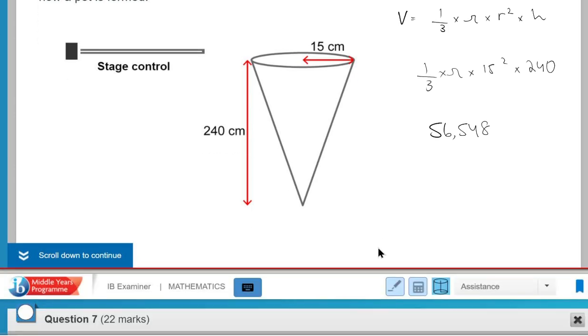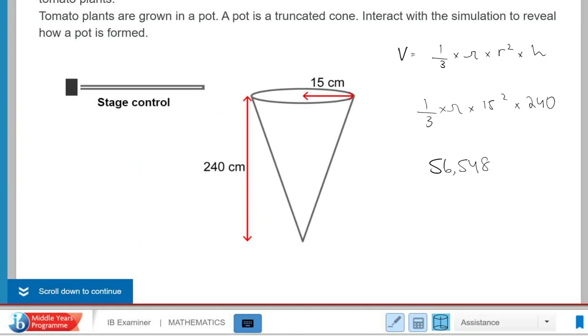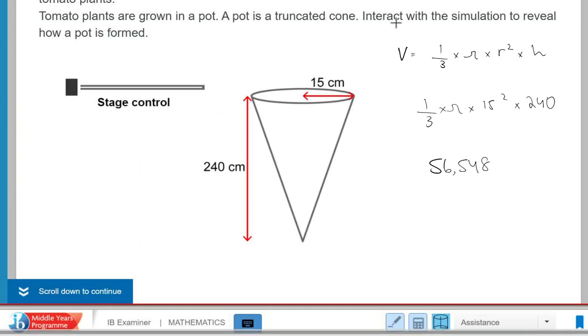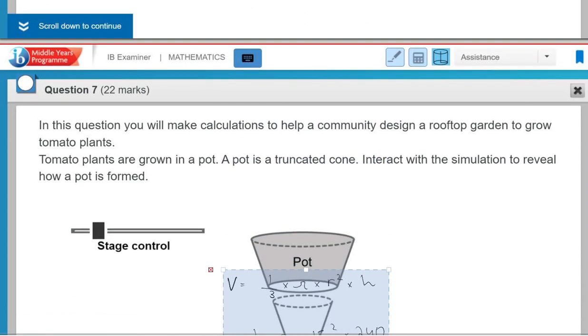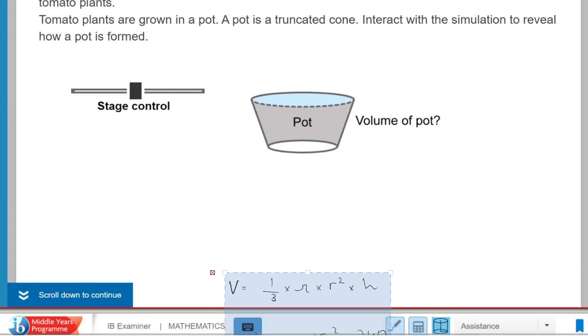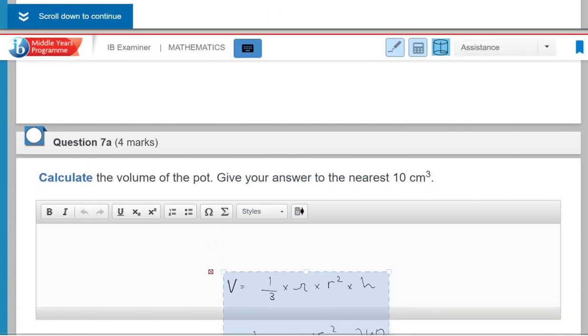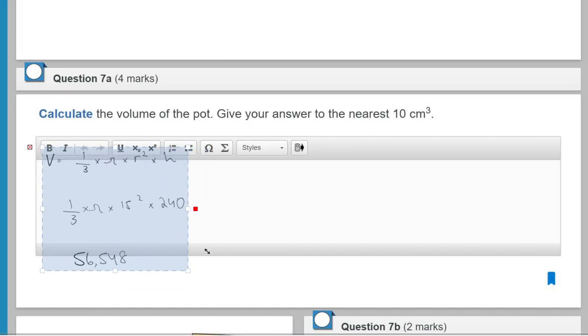Now the removed cone has this volume. Okay, let's move it down. 32,720. So what are we supposed to do in this case?